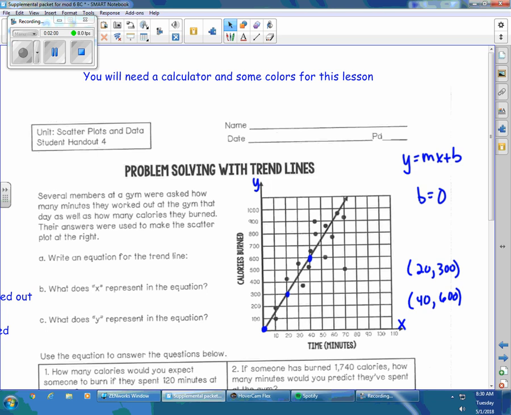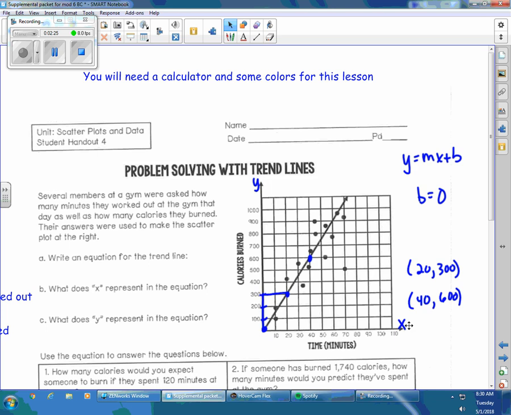At this point, I have some choices on how to find the slope. I could use the points and do the Larkin L and figure out that way, or I could count my rise over my run. Now, if you're counting rise over run, be careful. You might think that it's 3 over 2, but we have to look at the graph and see that they're counting by hundredths.